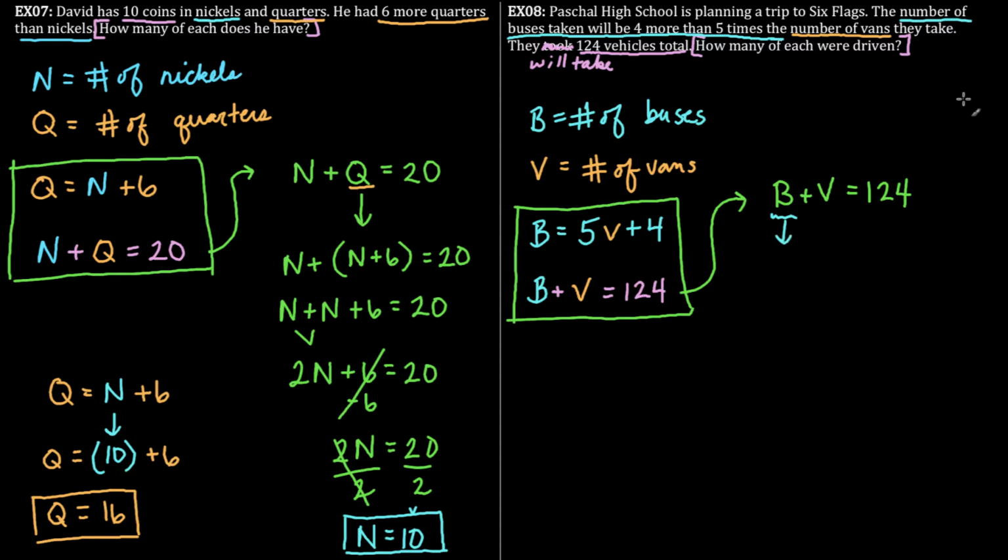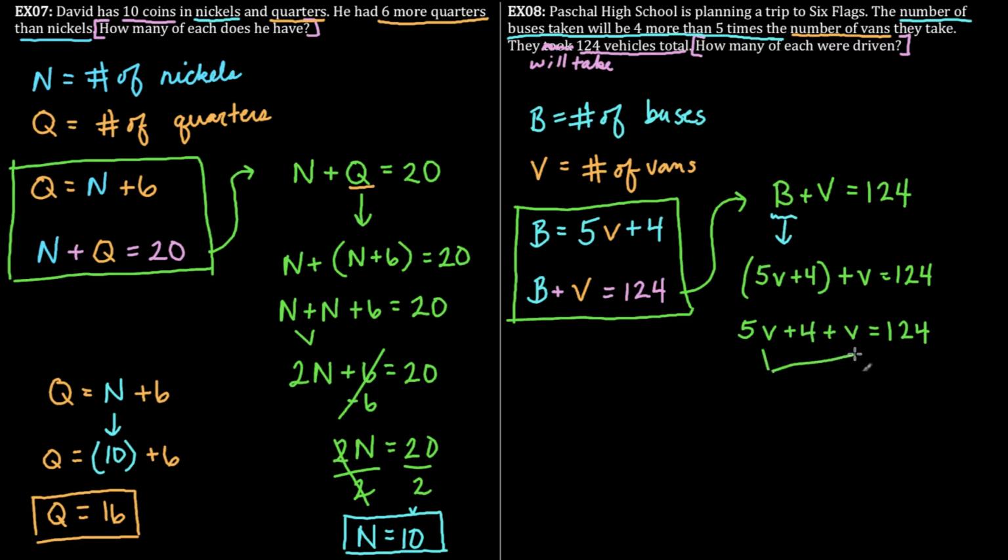So b, I'm going to substitute that with 5v plus 4, and I'm going to keep this v equals 124, and the parentheses play no role in any of this. They're not significant at all, other than to show that this came from here.